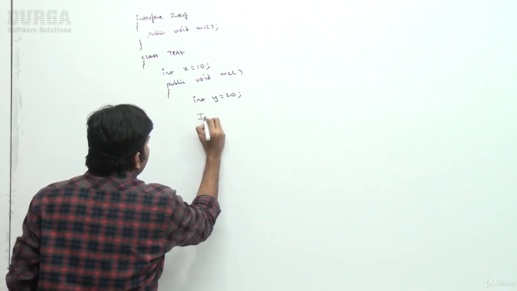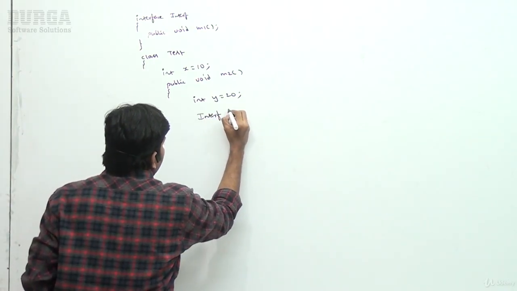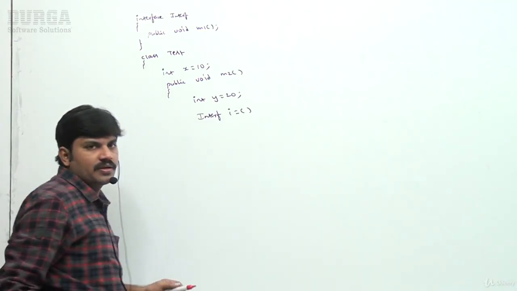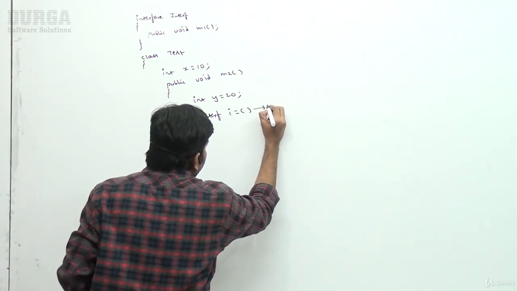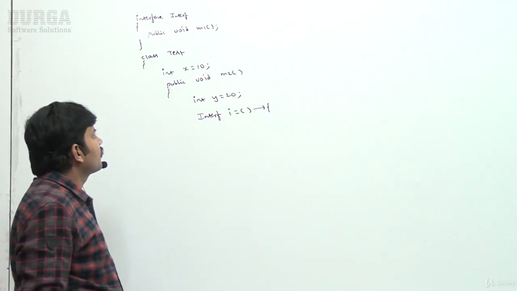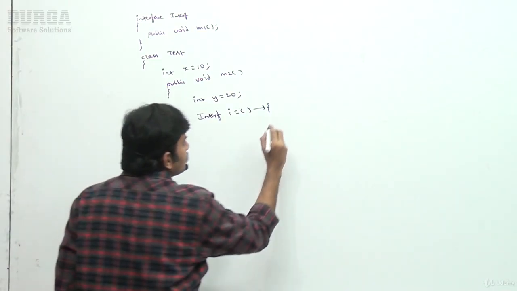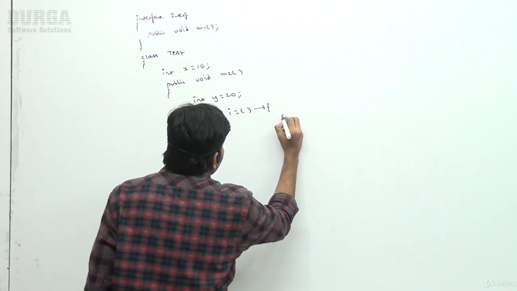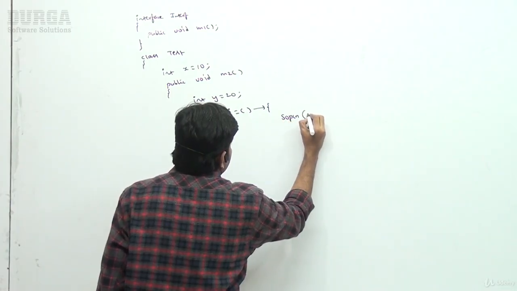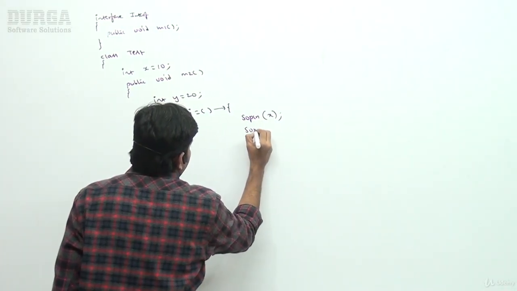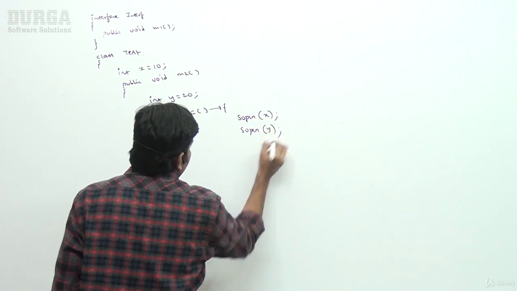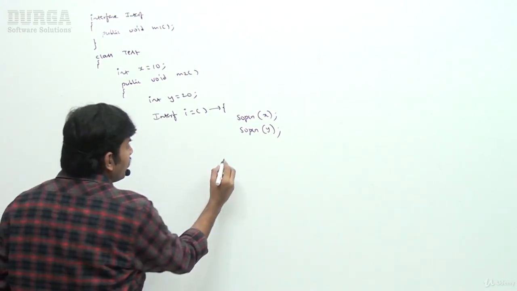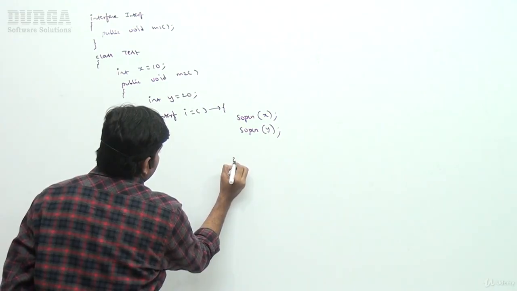Can you please observe: Interf I is equal to a lambda expression. Within the lambda expression, I just want to access System.out.println(x) and System.out.println(y). I'm just accessing those.